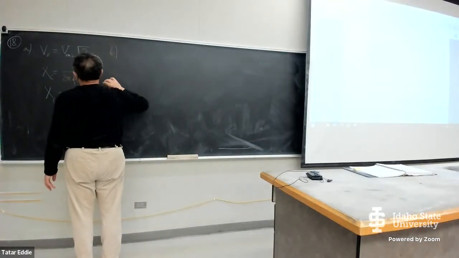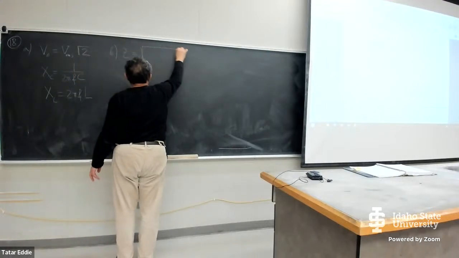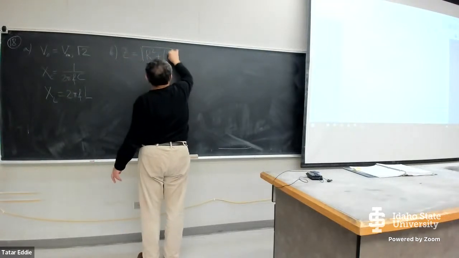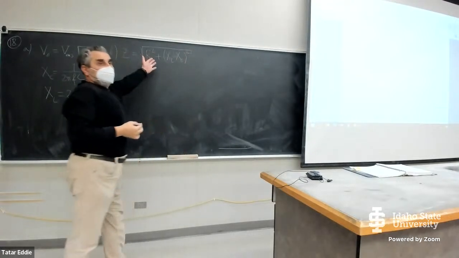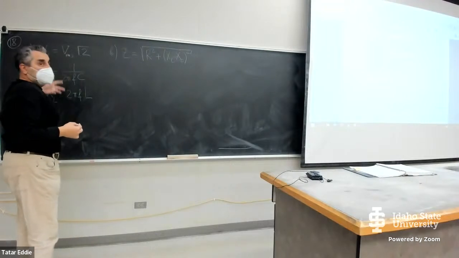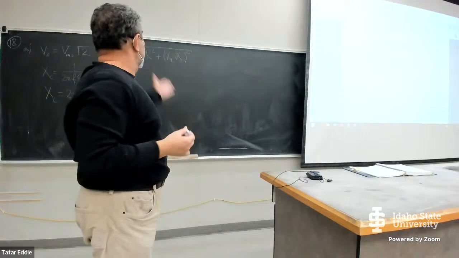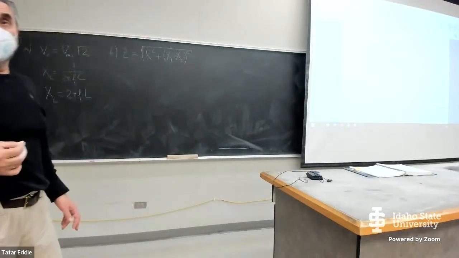By definition, the impedance is the square root of resistance squared plus inductive minus capacitive reactance squared. So XL and XC are calculated. The resistance is given. So you have to do this arithmetic.